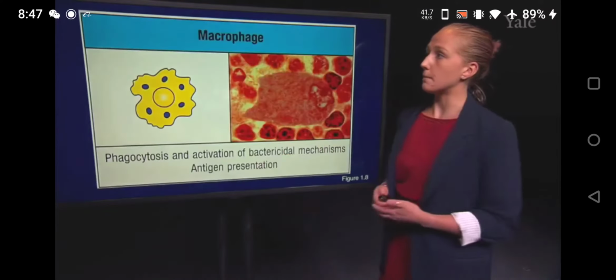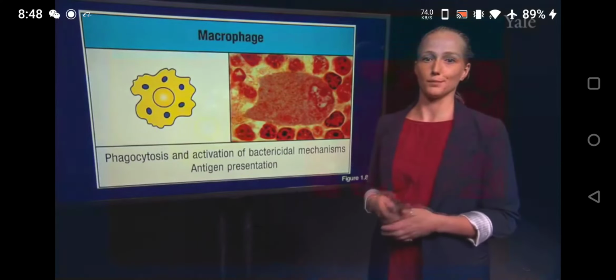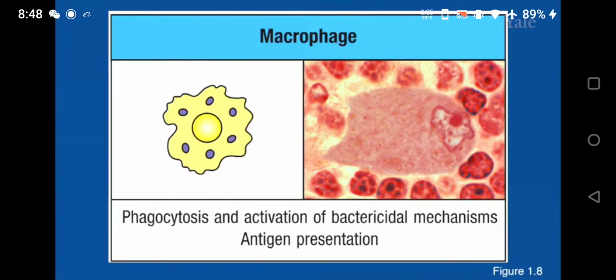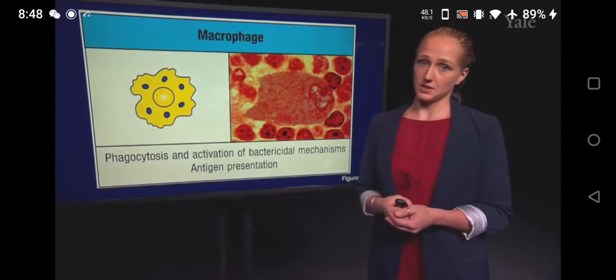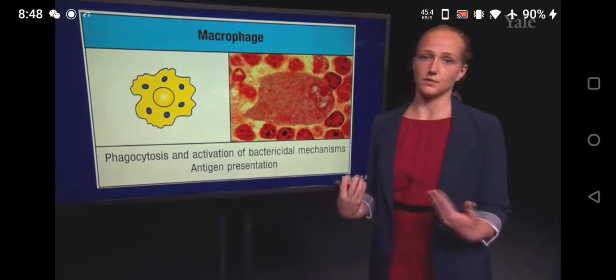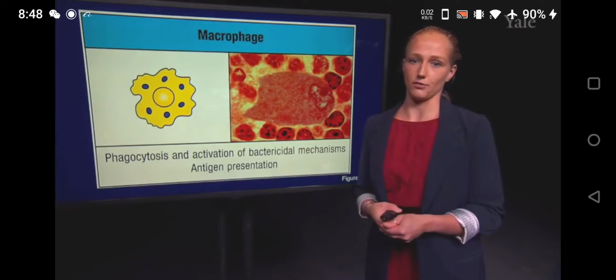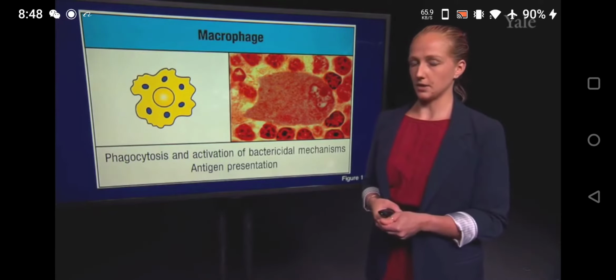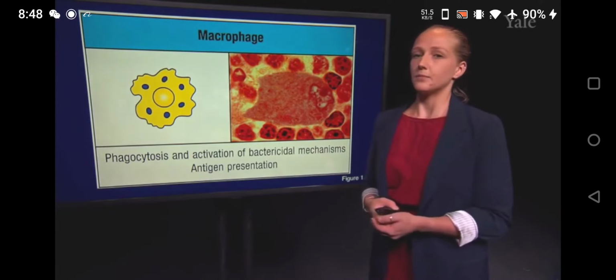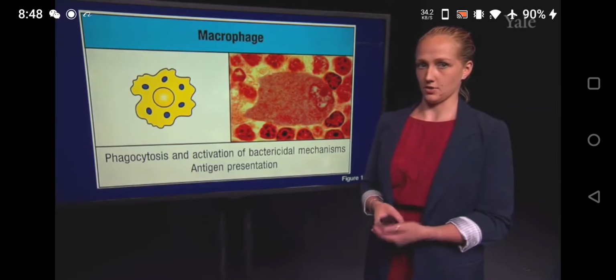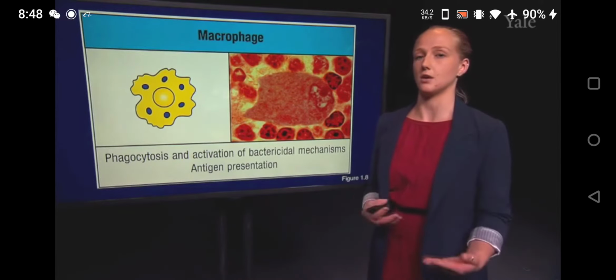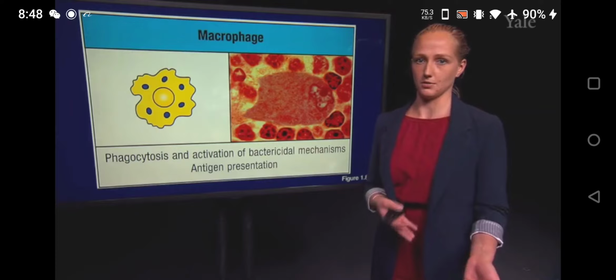So macrophages in general have the property of being phagocytic, and they're also really important in various bactericidal mechanisms. They're resident in most tissues, so almost every one of our tissues in our bodies have what's called resident macrophages. So what's interesting about these macrophages is that the tissue-resident macrophages are actually macrophages that have not derived from bone marrow-derived monocytes.